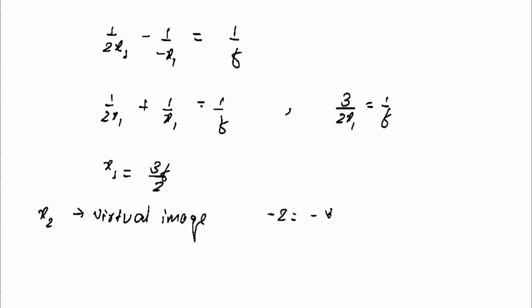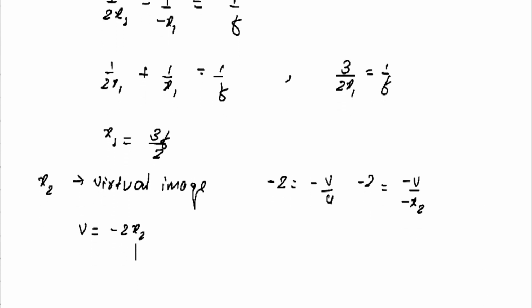So putting the values, 2 equals minus v by minus x2, so v is equal to minus 2x2.